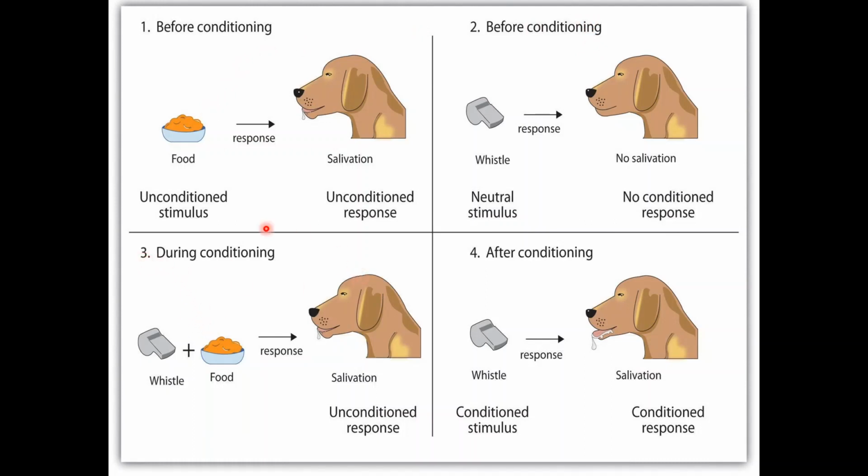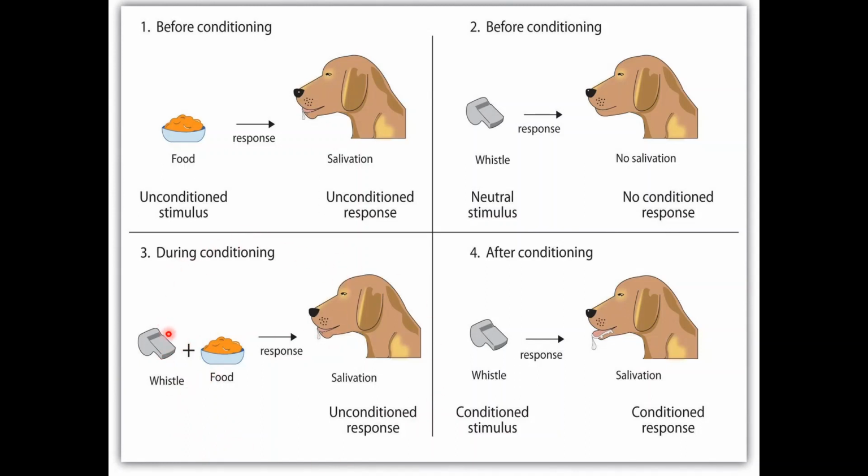However, the process of conditioning consistently or continuously pairs that neutral stimulus with that unconditioned stimulus, meaning that they occur around the same time, and the dog learns to associate them together. So during conditioning, Pavlov continuously paired the food with the whistle, or the metronome.